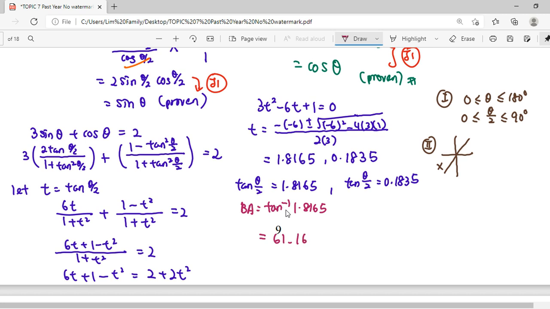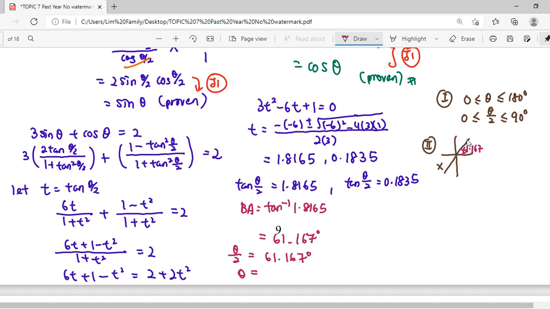Okay, I put more, 61.167. So this is my basic angle here. So finally my rotation only involves quadrant 1, right? So only one answer. One quadrant involved only.